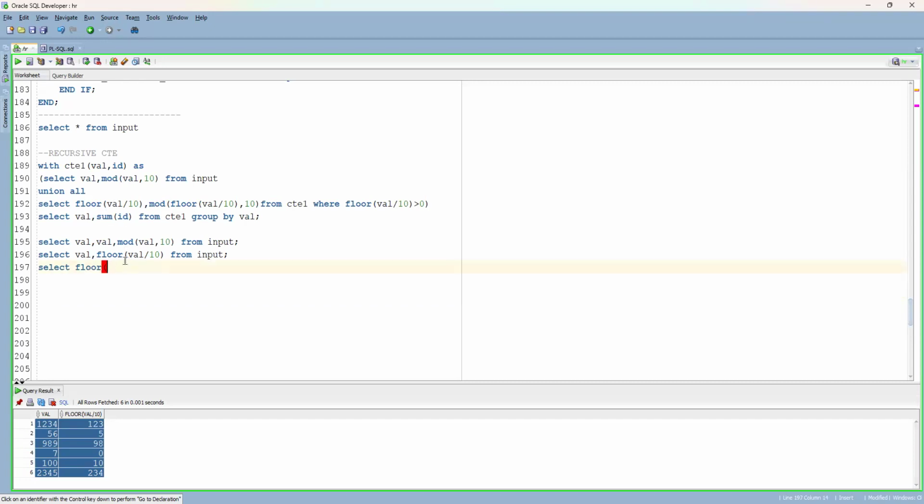So that is what we are doing in this query here. We are telling the SQL engine that for the val, first of all, find the floor of it. If you find the floor of it, it will remove the unit place. And then for this floor, whatever you find, you divide this by 10.